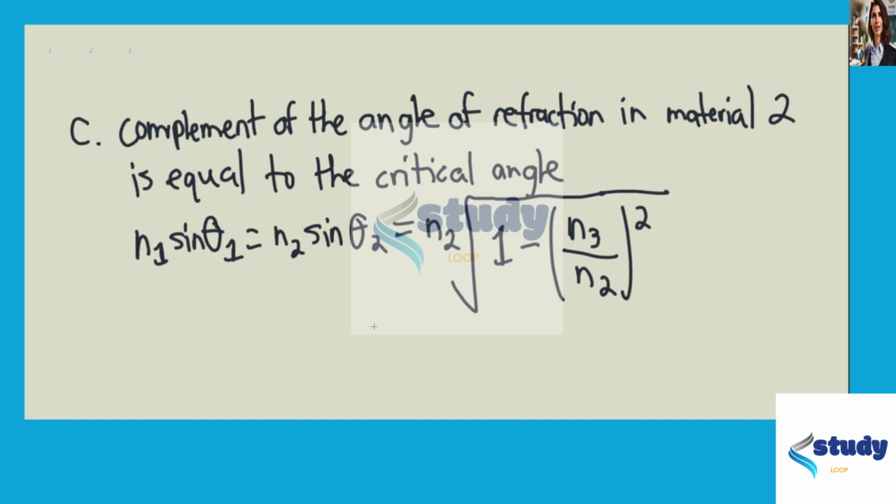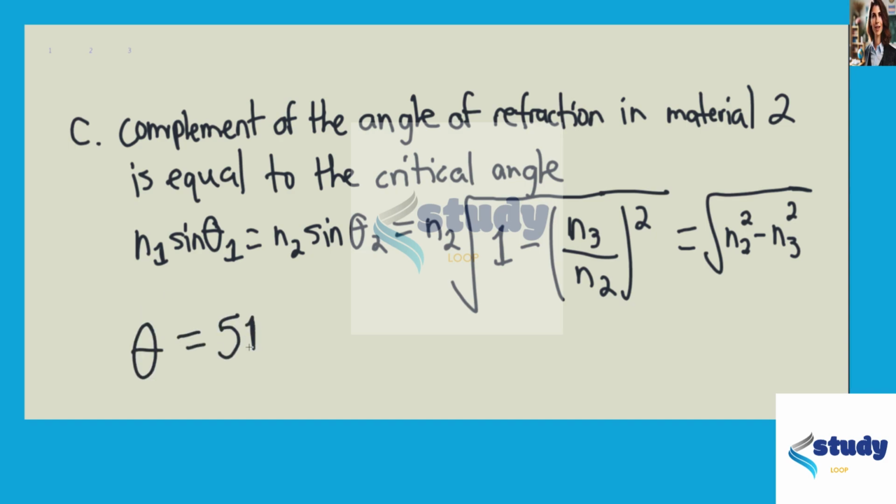And so this would simply be equal to the square root of n sub 2 squared minus n sub 3 squared. And we can then say that theta would be equal to 51.1 degrees. This would be our answer for part C.